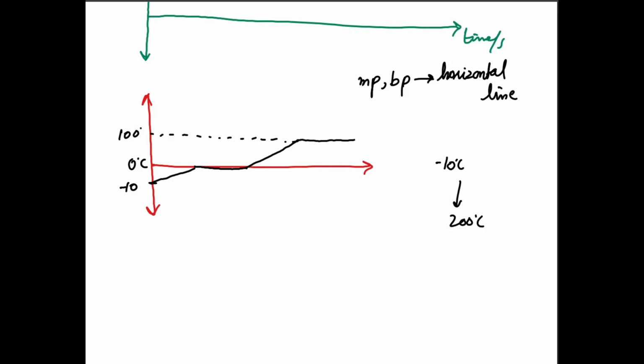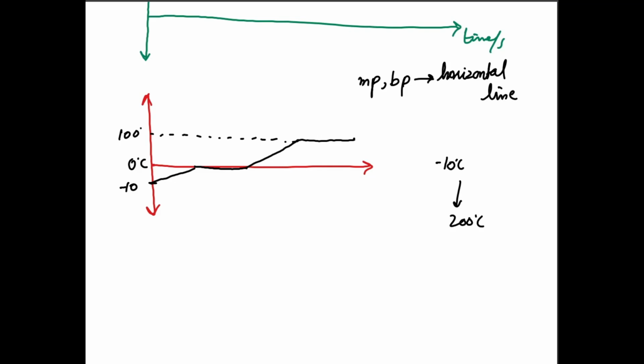Now, since our final target was 200, I believe we would still be heating it up. After every last molecule, I keep repeating the statement because that is the actual concept. After every single molecule of liquid has converted into gas, until that point you will find the temperature to be constant.